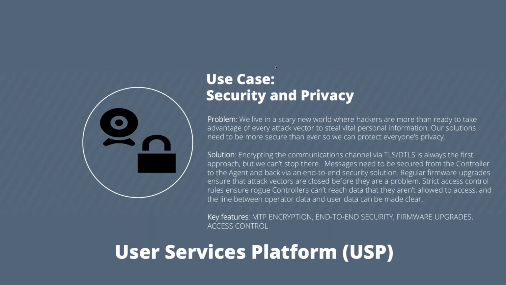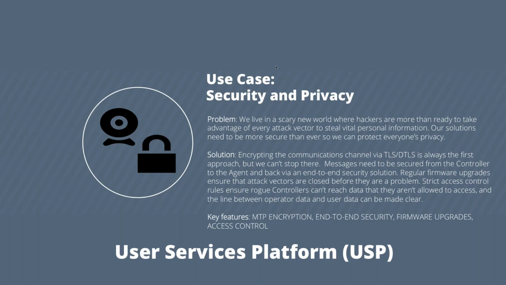So on to the next use case, security and privacy. So basically, we kind of live in a new world where security and privacy is very, very important. There's always someone out there looking to take advantage of any kind of attack vector that might exist into the home network.